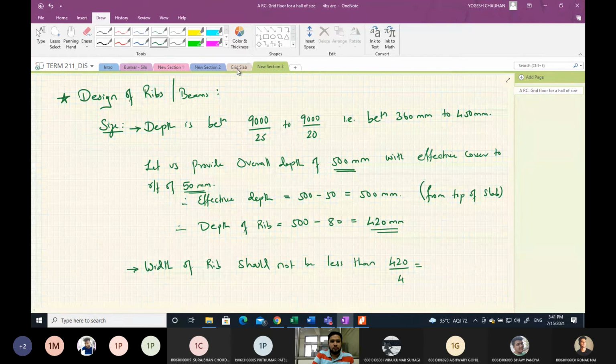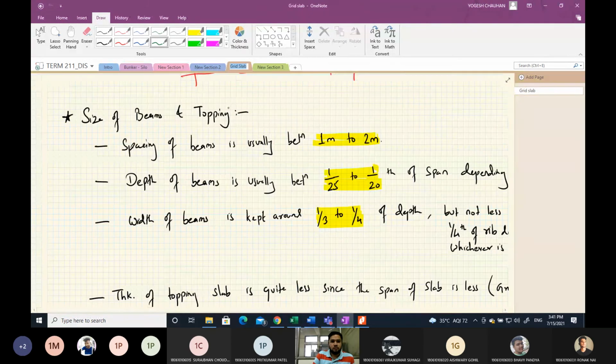So again, this is from our earlier thumb rules. The width of the beam should be in between 1/3 to 1/4 of the depth.